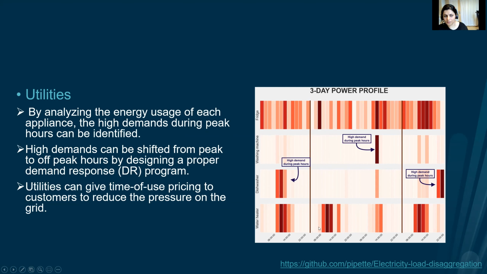And by designing a proper demand response program, this high demand during peak hours can be shifted to off-peak hours. And utilities can give time of use pricing to customers to reduce the pressure on the grid.